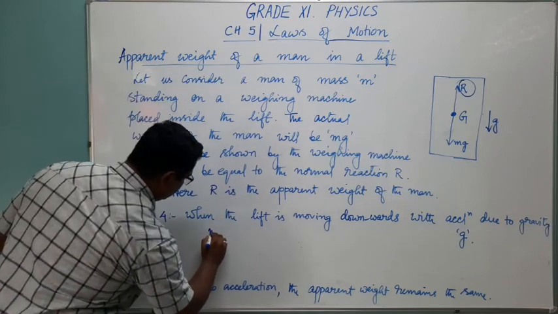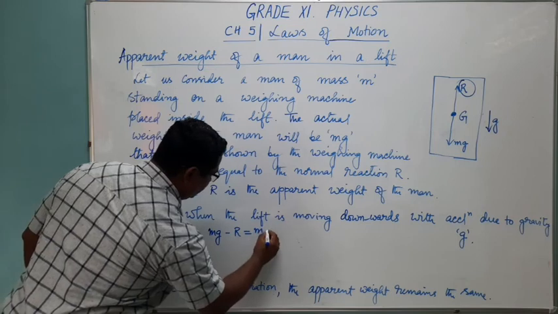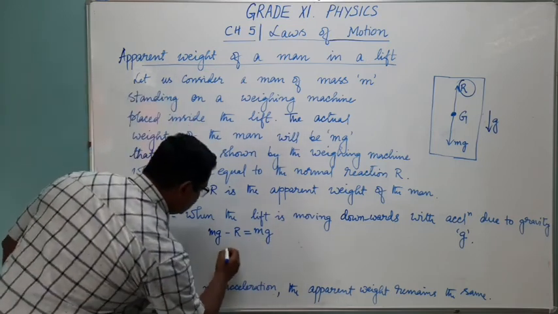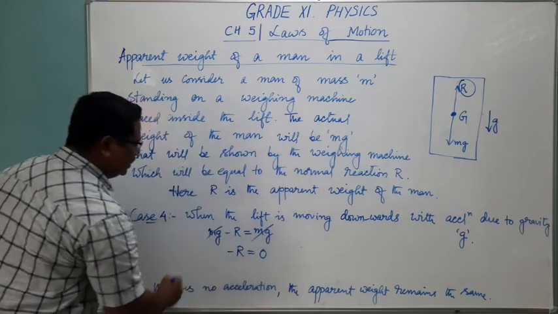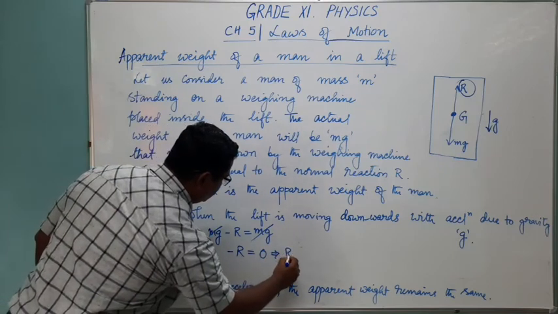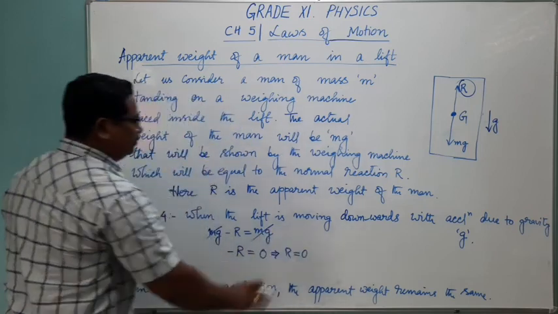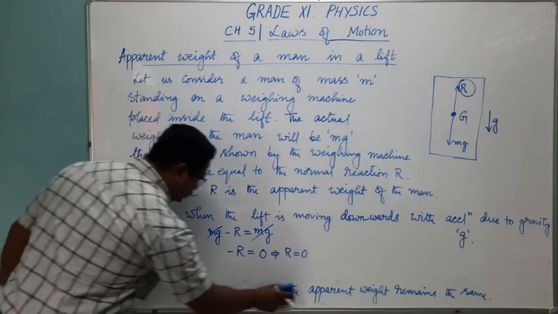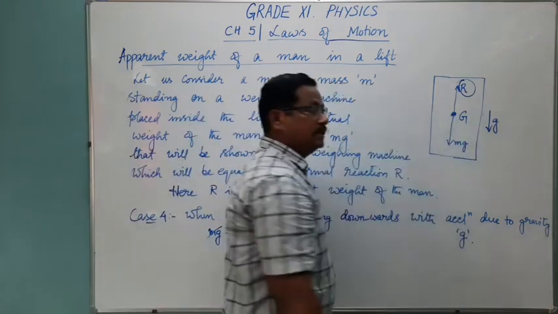Mg is bigger this time, coming down, mg minus R will become, in place of ma, it will become now mg. So in such a case, minus R is equal to 0, mg can cancel out, or we say R is equal to 0, the normal reaction will become 0, the apparent weight of the man will become 0. When it becomes 0, that is the condition of weightlessness.